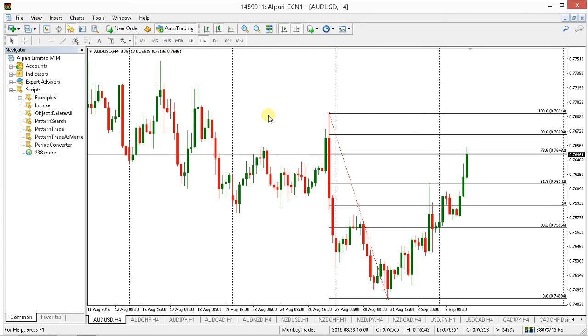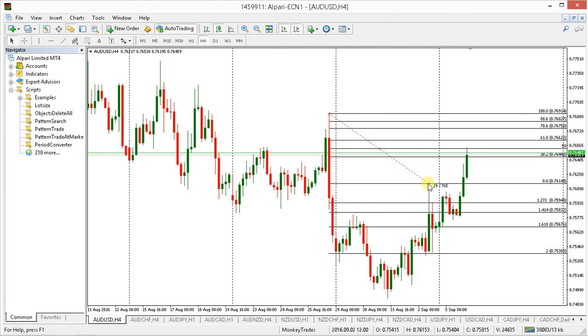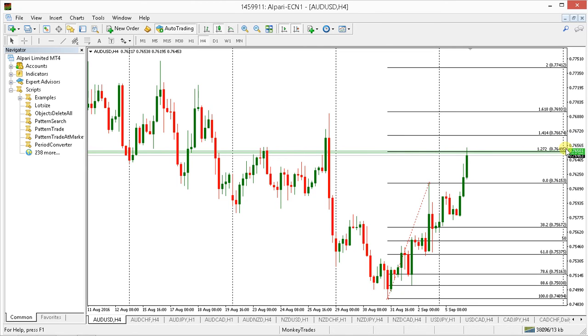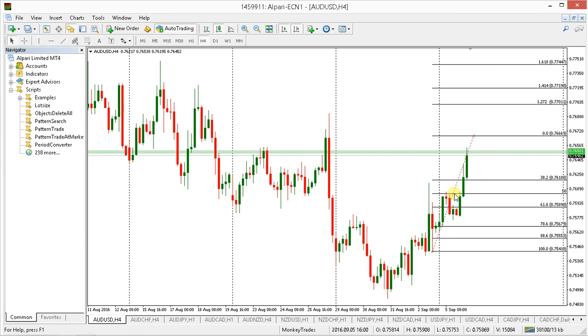So I can draw my lines. I draw 786. Boom. It is completed already. Let them be green. Don't need to waste my time changing the color. Okay, then I will mark the 127 extension, and then I will do a 1-to-1 measurement.